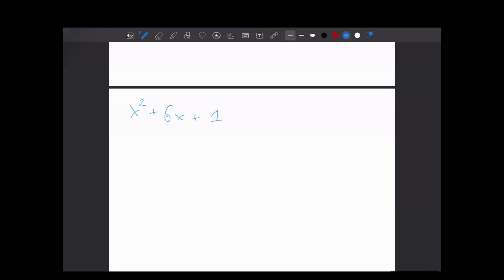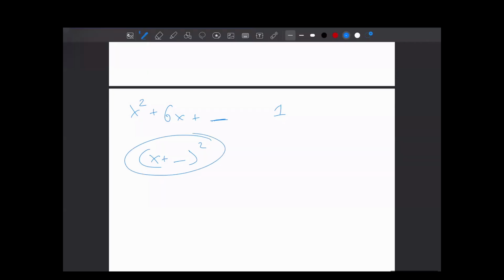I'm not sure. That's okay. So the tricky thing is knowing what number to actually add here, so that we can complete the square on this. Remember our end goal is to factorize this into something that looks like x plus something, the whole squared, right?